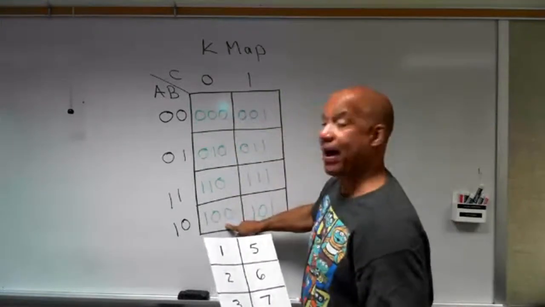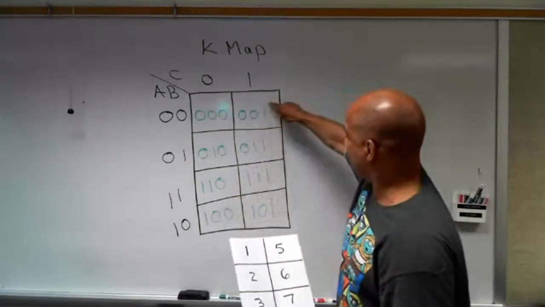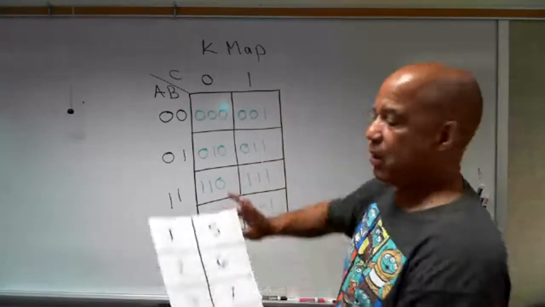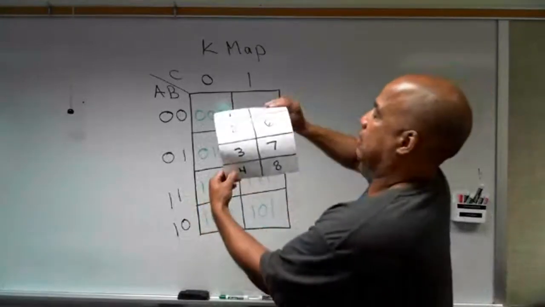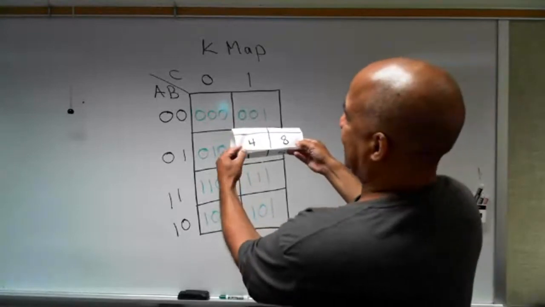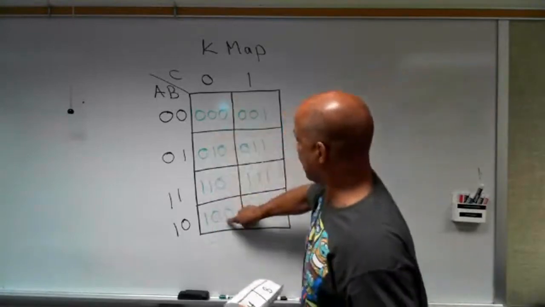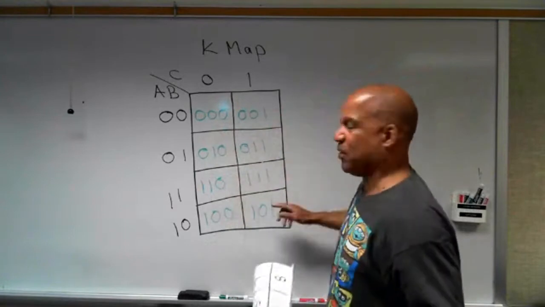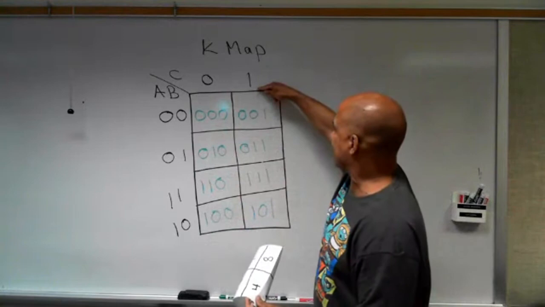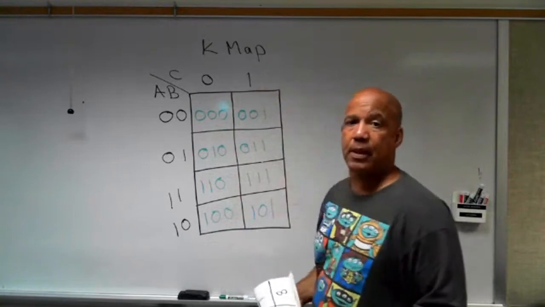So this cell and this cell are actually adjacent, and this cell and this cell are actually adjacent. When you do it that way, it's called wraparound. I can wrap this around like that, and I get an adjacency between this one and this one, and this one and this one. Even though they aren't physically next to each other, if you wrap them around, they actually touch each other.